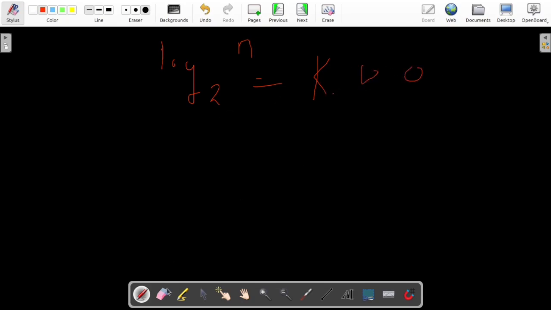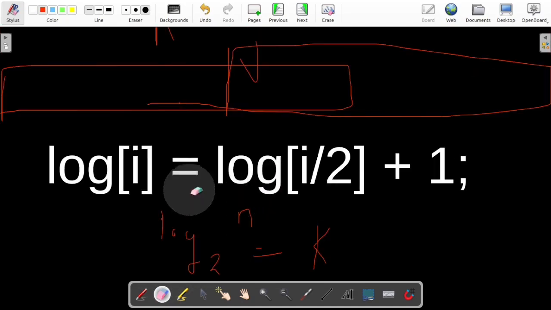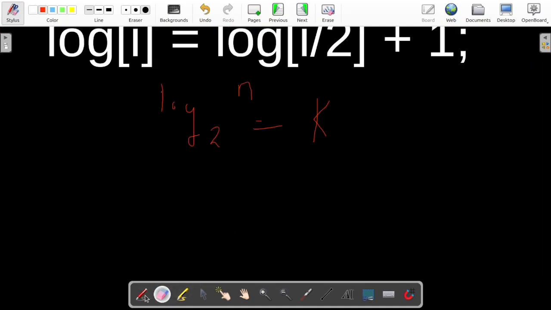It may be in decimal also. Here in our code, we are dealing with integer values. That's why I will write here floor value. We are considering floor value because of course we need integer powers of 2, not in decimal formats.